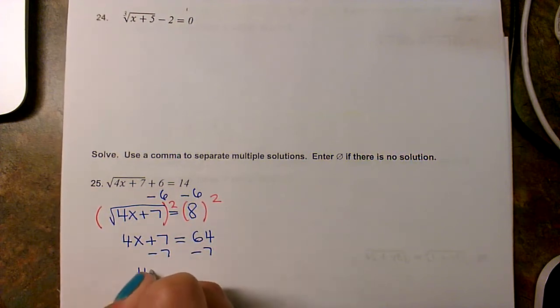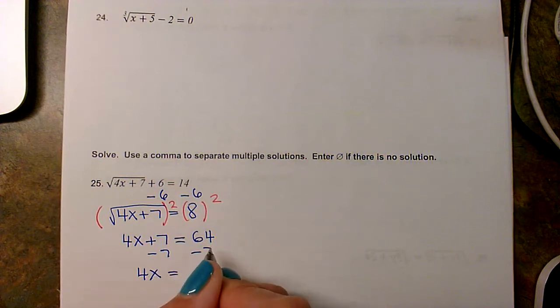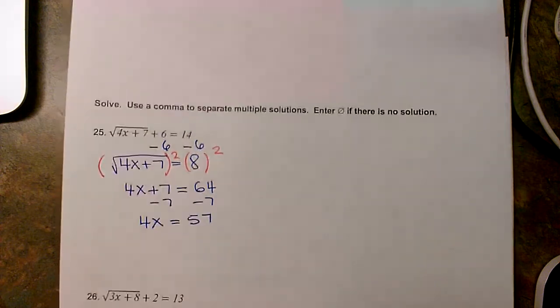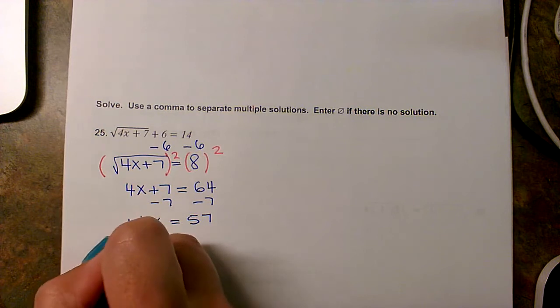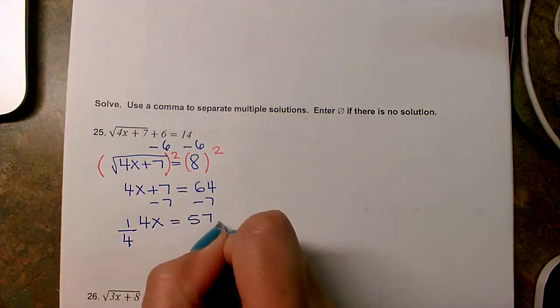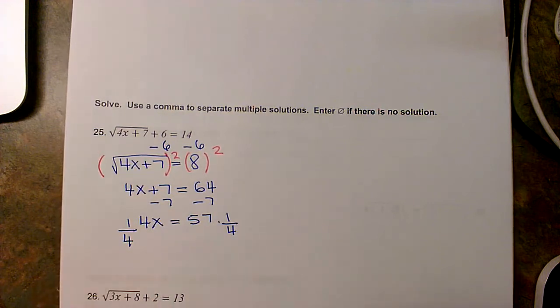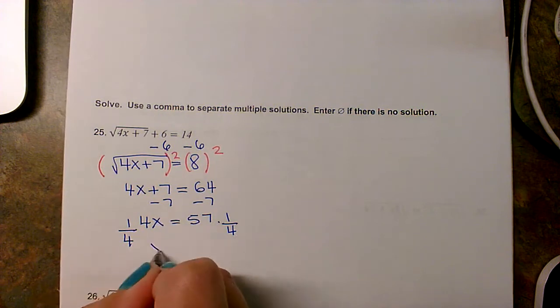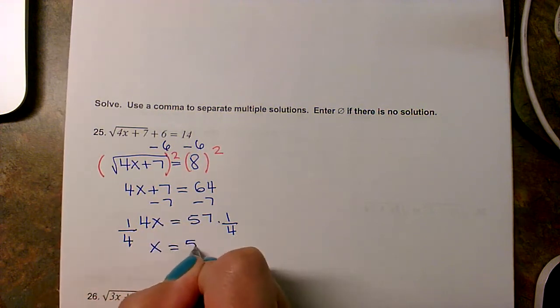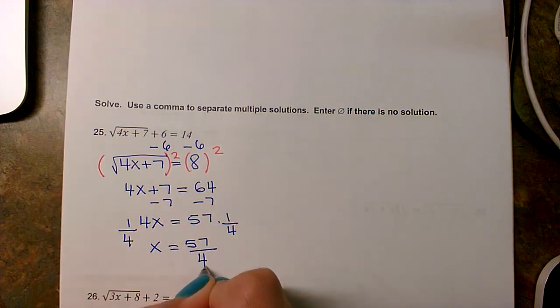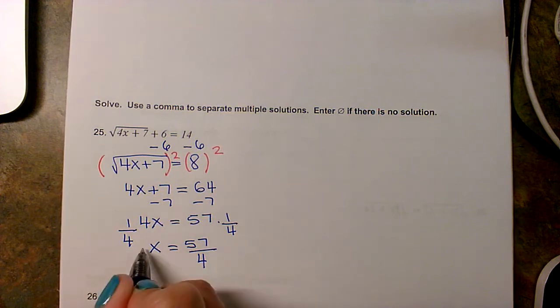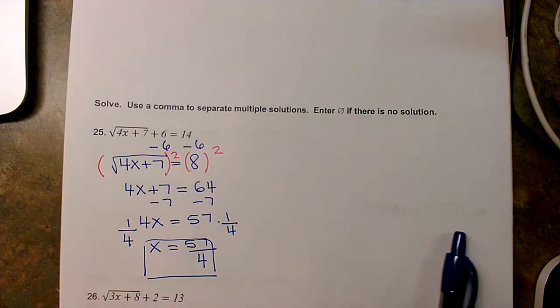Subtract the 7. 64 minus 7 is 57. Now, multiply by the reciprocal. That's our answer.